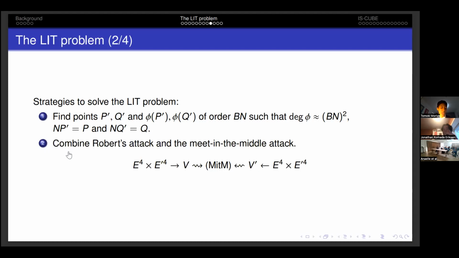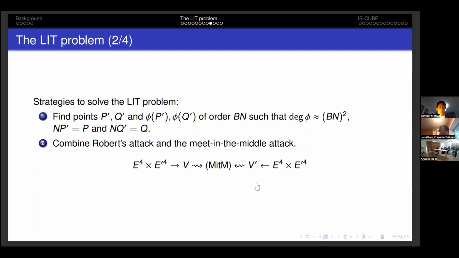The second strategy is to combine Lobel's attack with a meet in the middle attack. By using the points P, Q and phi(P), phi(Q), we can construct two isogenies from E4 times E'4 to some polarity V, and the other one from E4 times E'4 to some polarity V'.